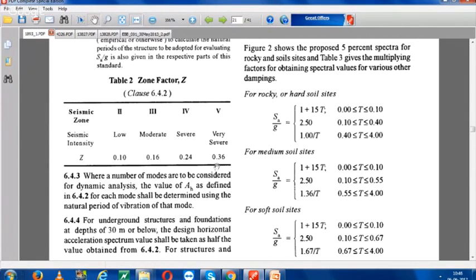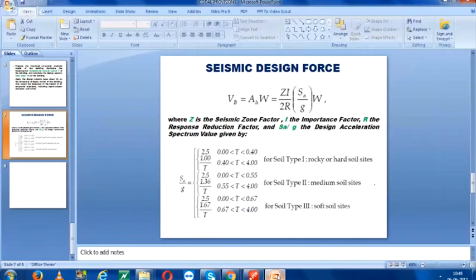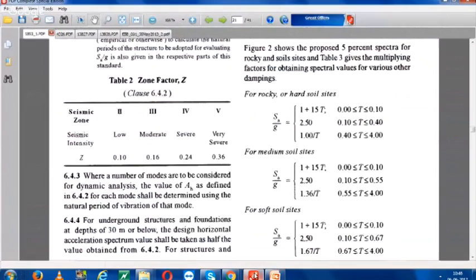Now Z for this is 0.36, we call it 0.36 G. If we want to test it for the maximum considered earthquake, then we need to induce forces equivalent to 0.36 G. So we have tested our building for 0.36 G. I'll tell you in the next lecture. After the zone factor, another term is I, which is given here.